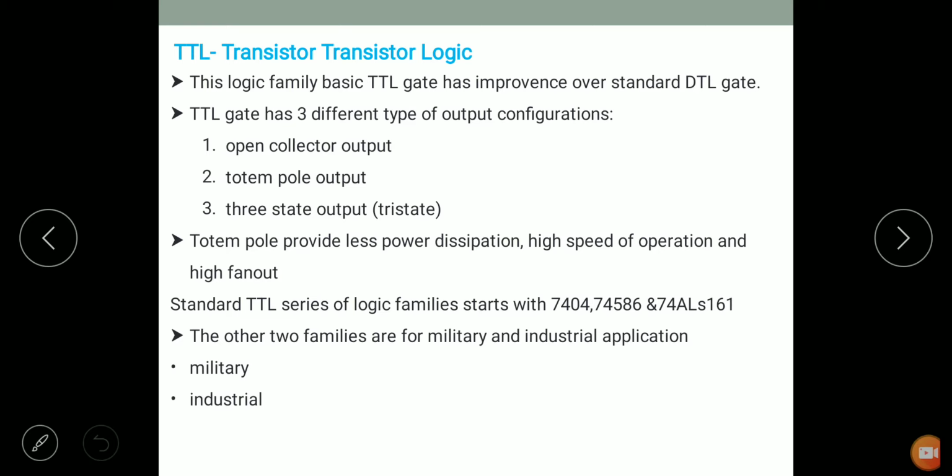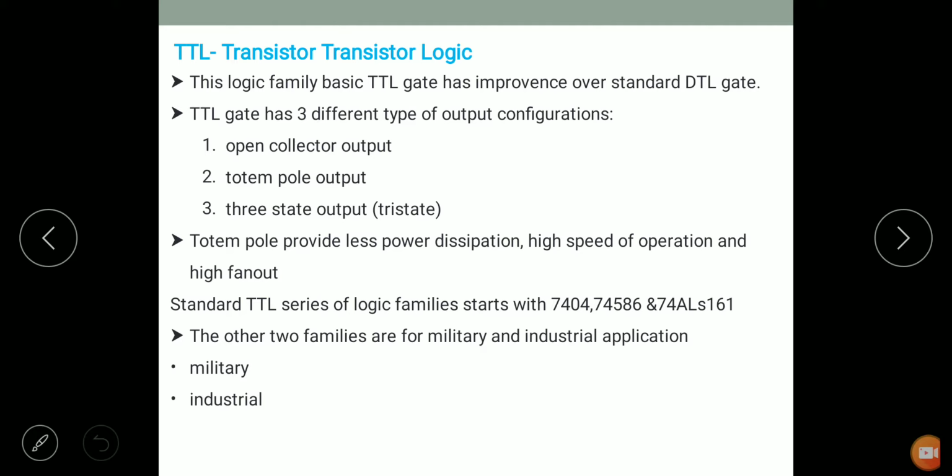Now we have to see the bipolar families. The bipolar families of logic family circuits use bipolar transistors fabricated on the chip. That means all the gates belonging to the bipolar family use transistorized circuits. In the bipolar category, there are three basic families: DTL, that is diode transistor logic, TTL, transistor transistor logic, and emitter coupled logic, that is ECL. DTL uses diodes and transistors, as the name suggests.